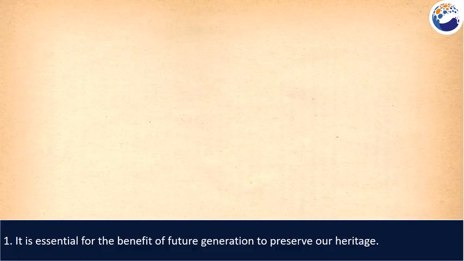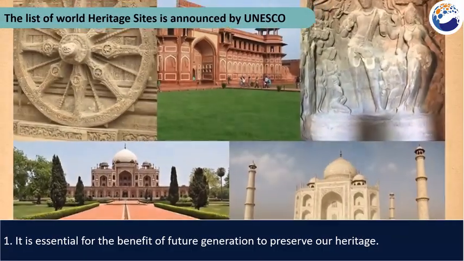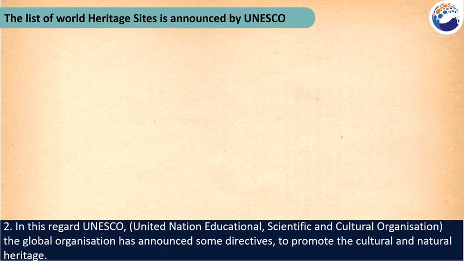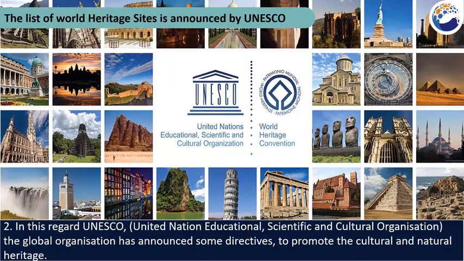The list of World Heritage Sites is announced by UNESCO. 1. It is essential for the benefit of future generations to preserve our heritage. 2. In this regard, UNESCO, United Nations Educational, Scientific and Cultural Organization, the global organization, has announced directives to promote the cultural and natural heritage. 3.